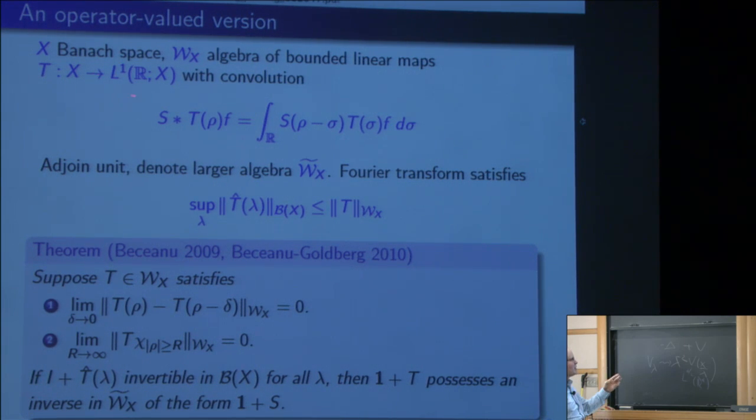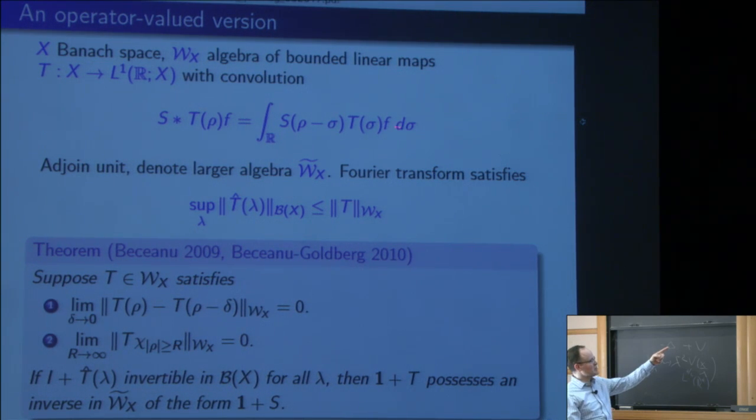So let X be any Banach space, which in the next slides will be L1 on R3, okay? And W_X is an algebra of bounded linear maps from X to L1(R^d; X). Notice it's not L1 of bounded operators on X. It's larger. It's bounded linear operators from X to that.